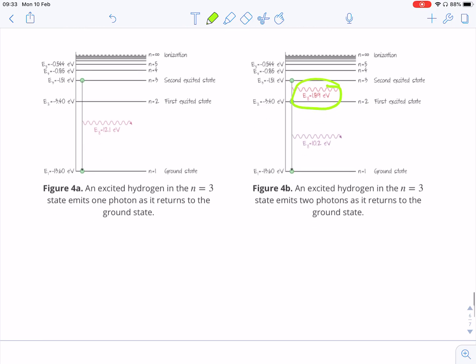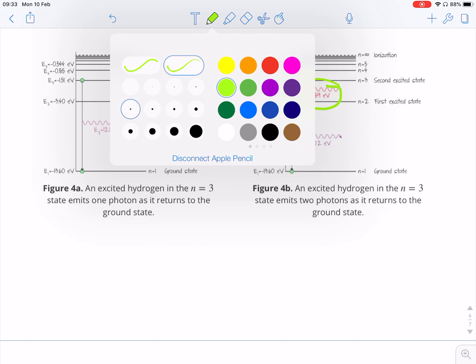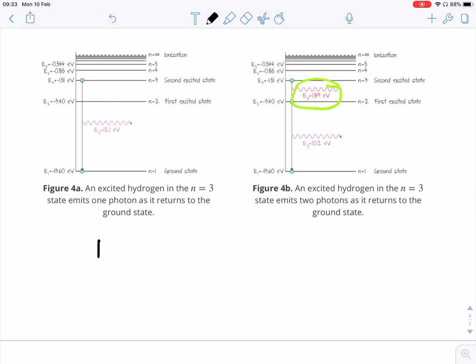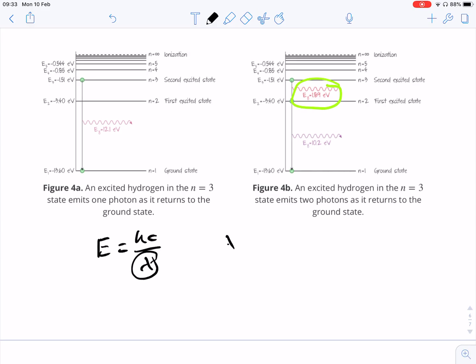You take the energy levels, so again, we're working backwards from our formula, E equals hc over lambda. And if we want to figure out what color of light it is, we'll rearrange this equation first: lambda equals hc over E. We do our substitutions for Planck's constant and the speed of light.